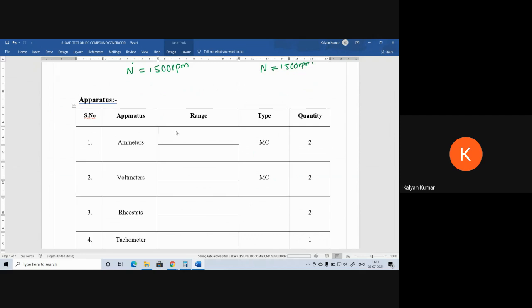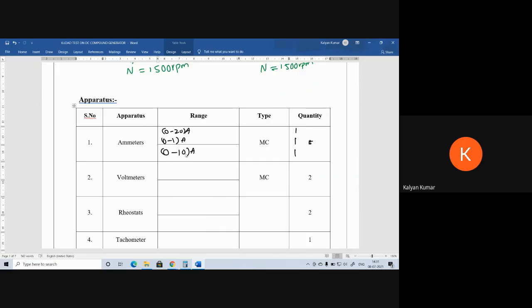We are going to have a 0 to 20 amps meter, one number, a 0 to 1 amp meter, one number, and a 0 to 10 amps meter, one number.